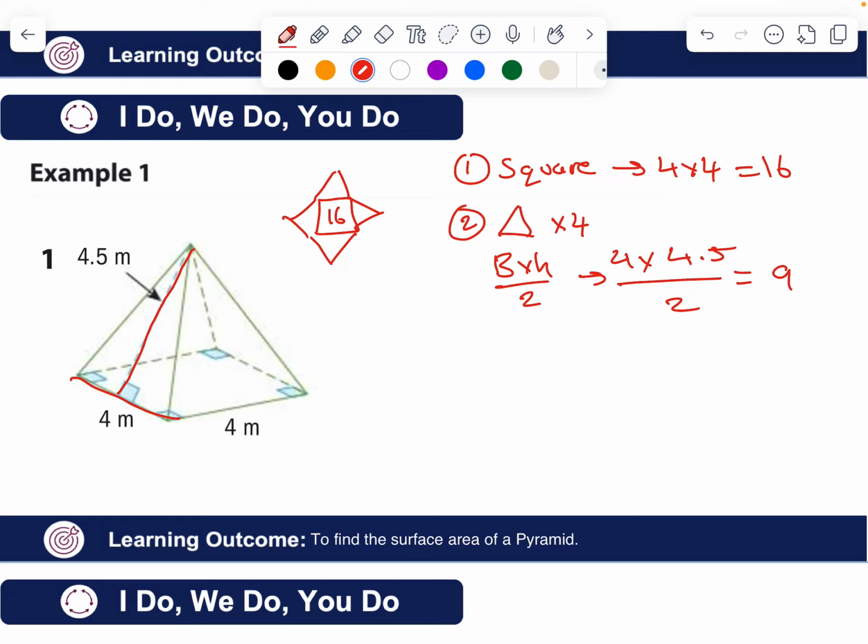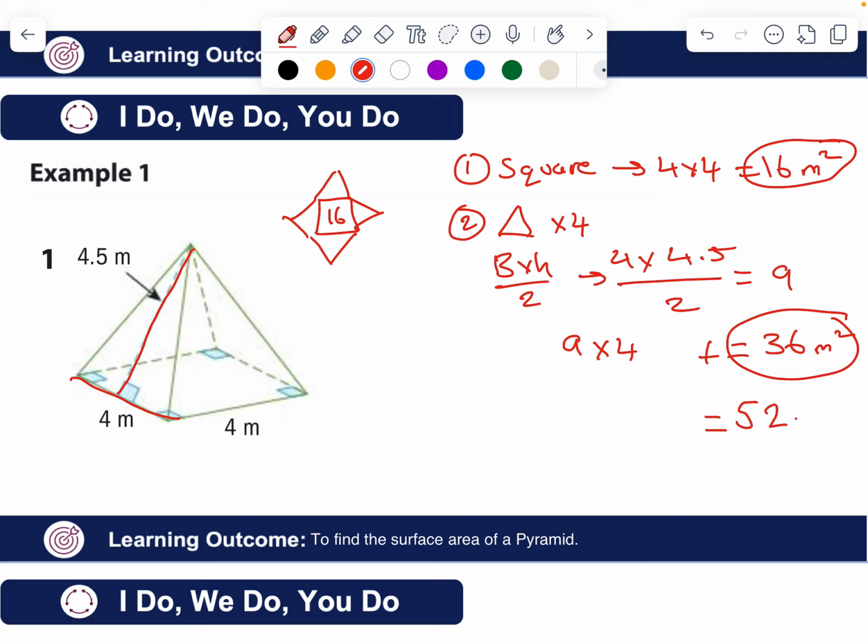But don't forget we've got 4 of them, so 9 times 4 is 36. So this is meters squared. To find the total surface area, we have to add them together. So we've got 36, add 16, and you're going to get 52 meters squared. Okay, nice and easy. Find the area of each face and then add them together.